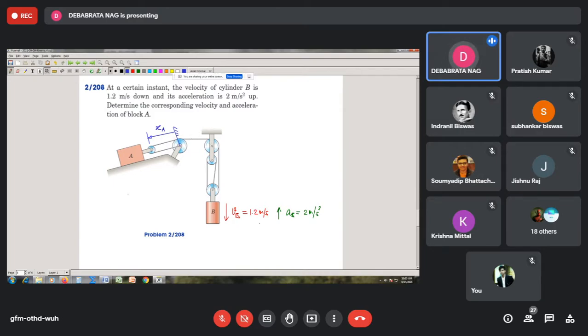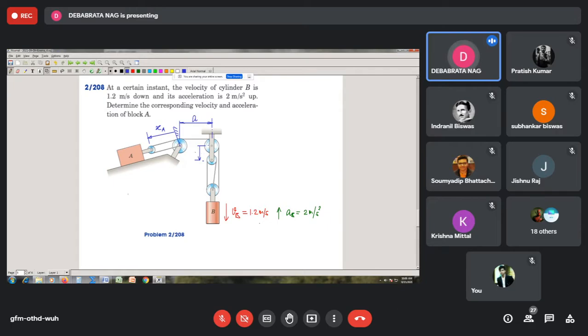Now you come to this one. If this is also fixed here, then this length is also going to be constant, because it is the distance between two fixed points. So we call this distance A, constant. Then from here to here, to the center, this distance is also constant.